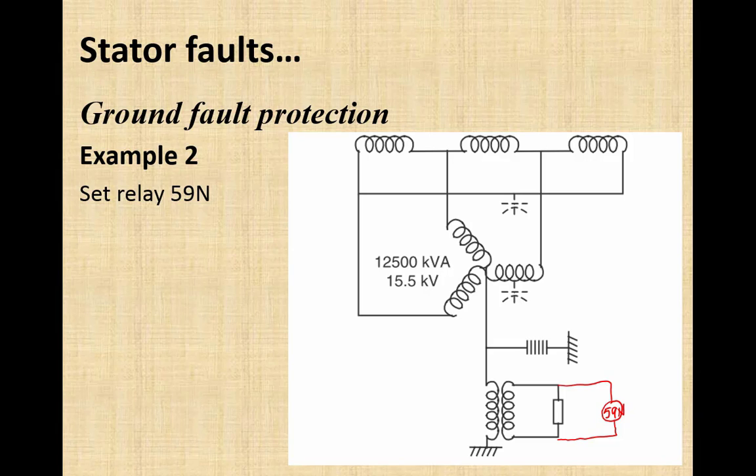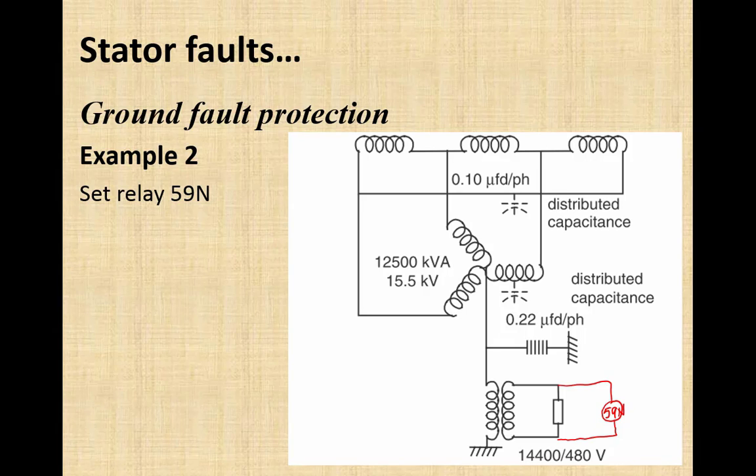Further data that is given for this system is the voltage ratio of this grounding transformer is 14.4 kilovolt to 480 volt. This is the transformer turn ratio that has been used in the neutral circuit. It is given that the stray capacitance of the generator winding is 0.22 microfarad per phase. Zero sequence capacitance of the transformer winding, you can see that is the delta winding side of that generator step-up transformer, that stray capacitance is 0.1 microfarad per phase.